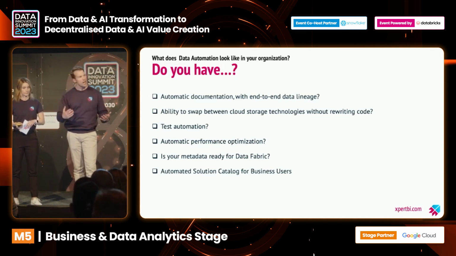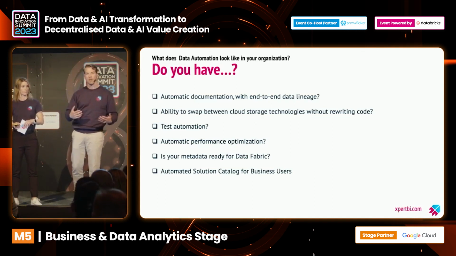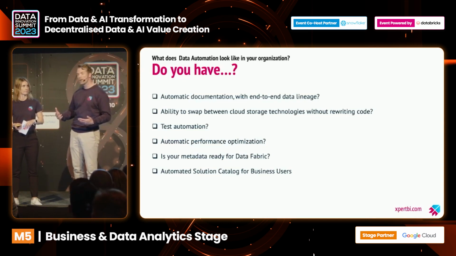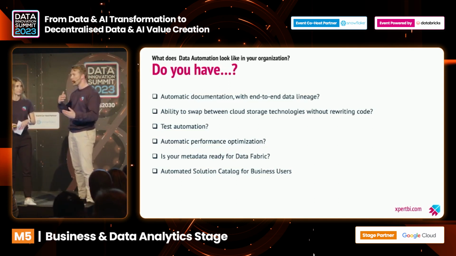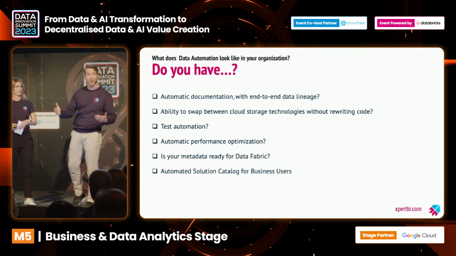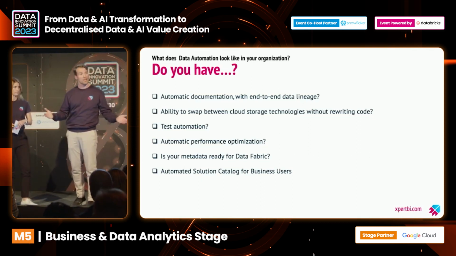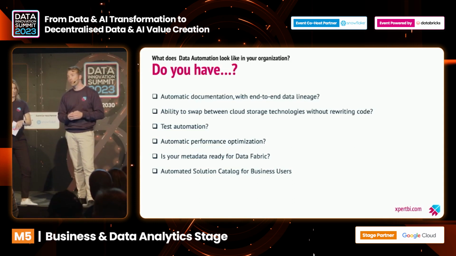Do you have the documentation in place that is automatically generated? And that is more than just a Confluence document or Word document to Excel. It is really updated with metadata, and it's tracing data throughout the whole solution, what we call data lineage, complete for all the business users and all the data engineers.